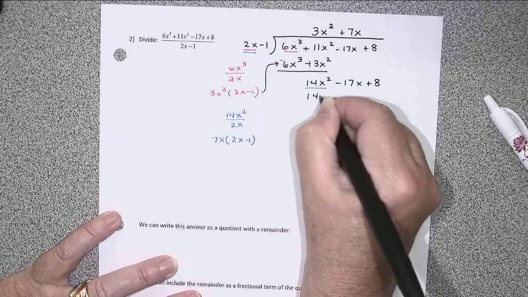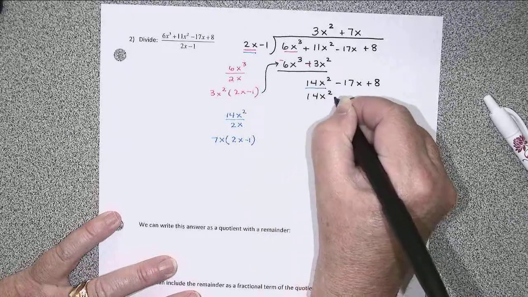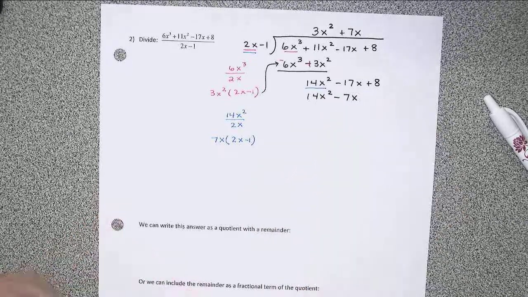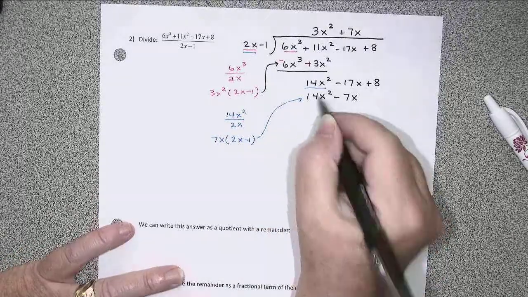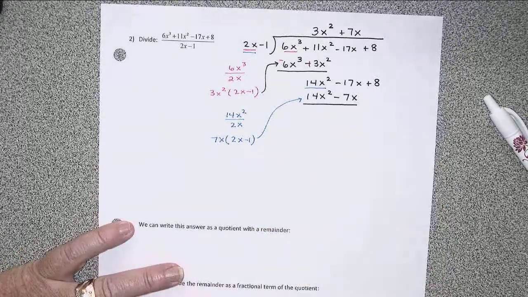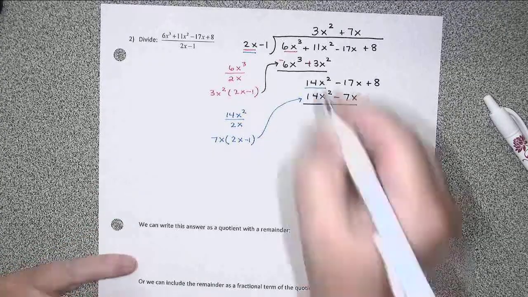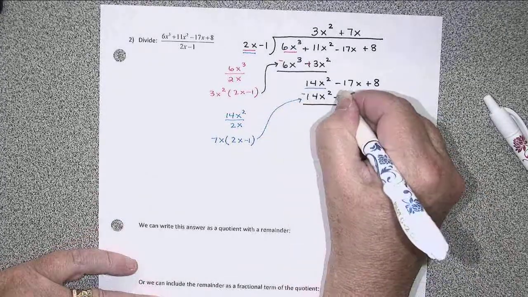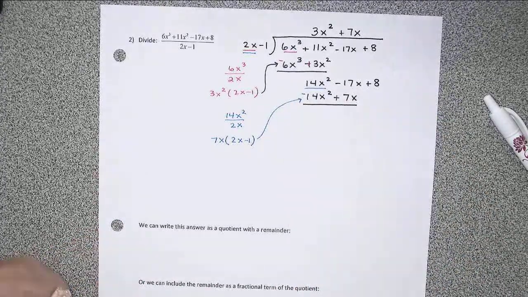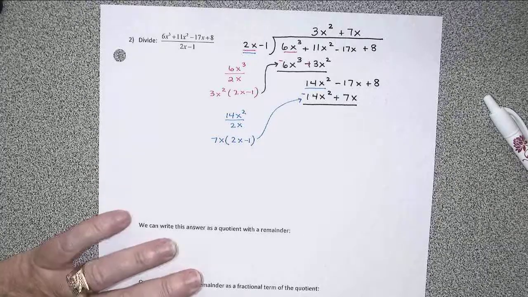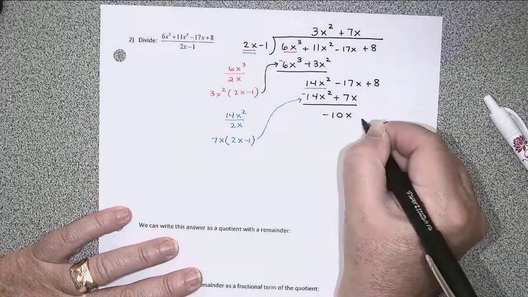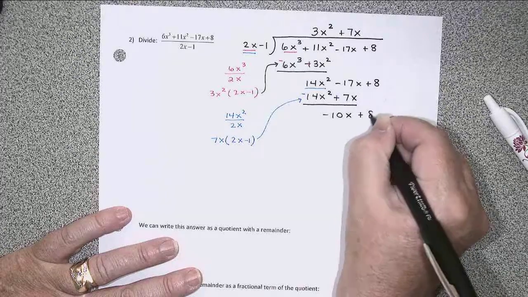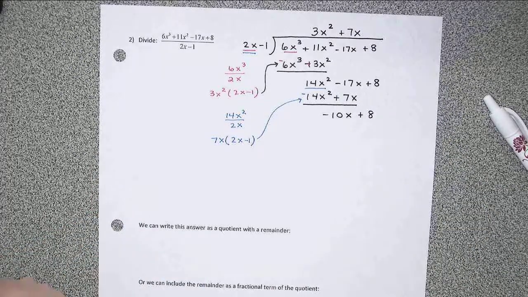That gives me 14x squared minus 7x. Oops, and I forgot to indicate, but I am putting that product right there. To subtract, that one becomes negative, that one becomes positive. The x squared terms add up to 0, and I'll get a negative 10x right here. And bring down the plus 8. All right, that was a second complete cycle.